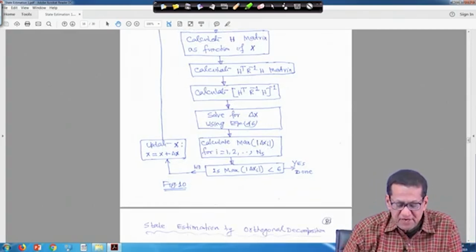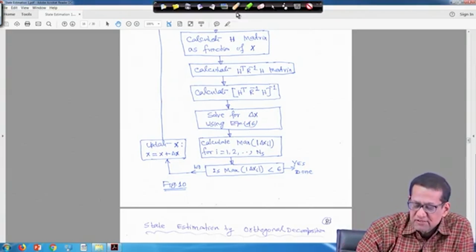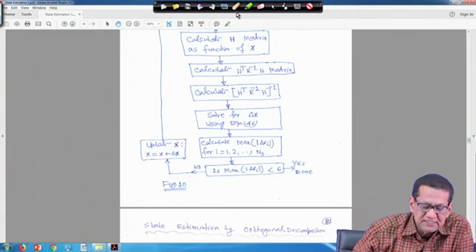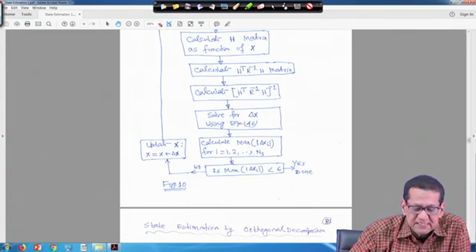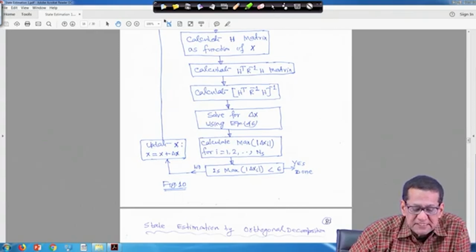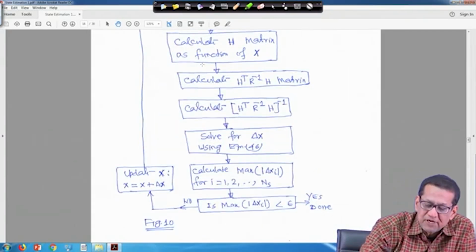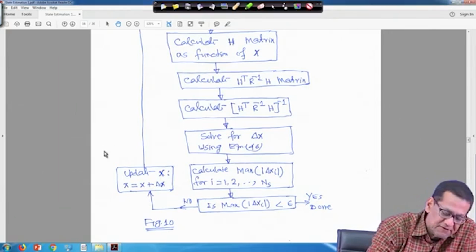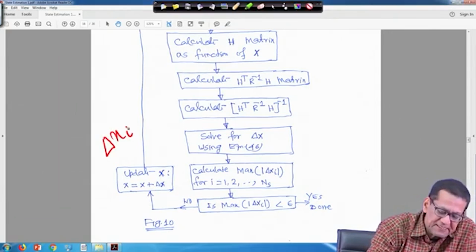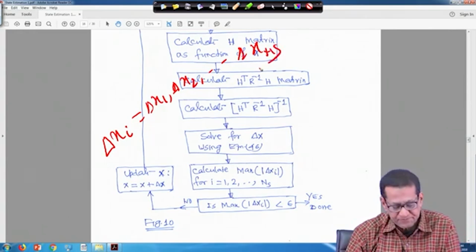Let me increase the size, then I will tell you this. Suppose you have so many variables, that delta x i is equal to delta x 1, delta x 2, like this, you have n-s number of state variables, right.